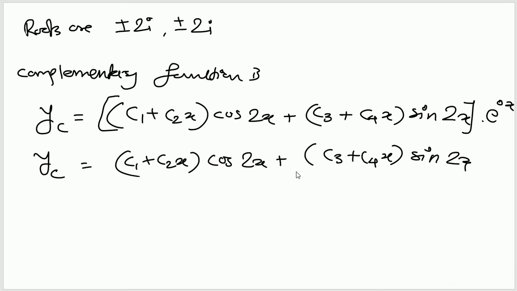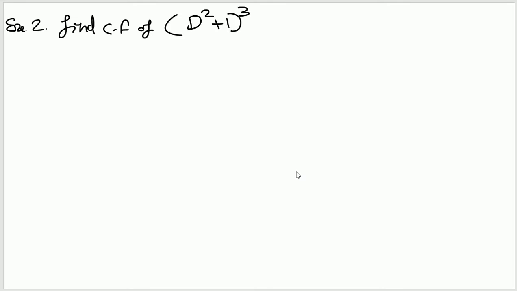Let us have one more example. Suppose we have this differential equation. Find complementary function of, suppose we have this, (D^2 + 1)^3 (D^2 + D + 1)^2 y = 0, let's say 0 now.